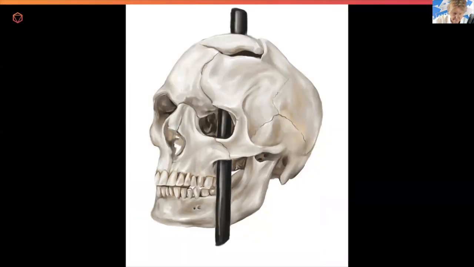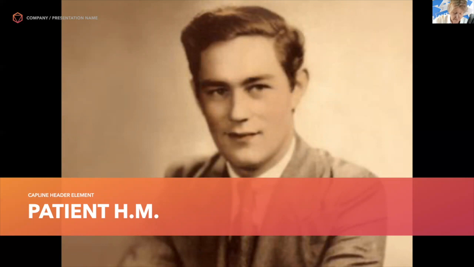Neuroscience was able to prove from his case that the executive functions of the brain are located in the prefrontal cortex. Patient HM had suffered from epileptic seizures since childhood. In 1953, he underwent a neurosurgical operation in which large parts of his temporal lobe, including the hippocampus, were removed.